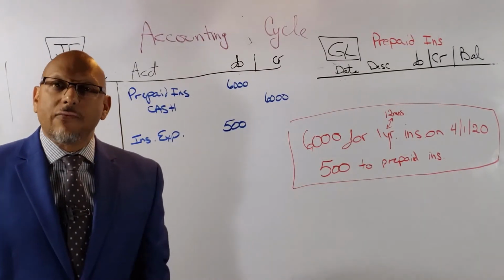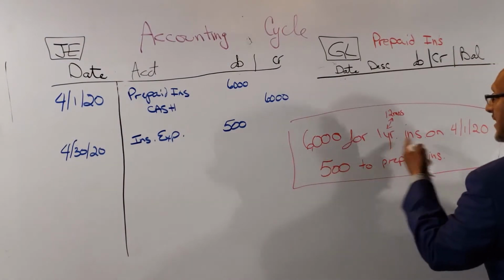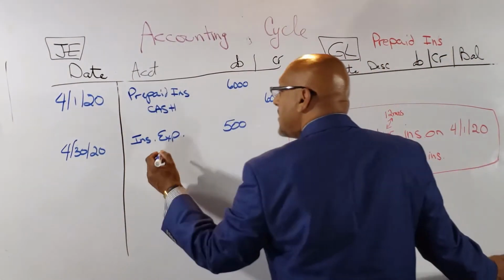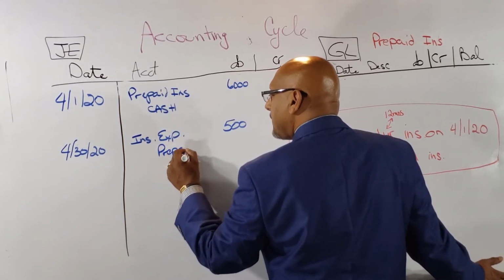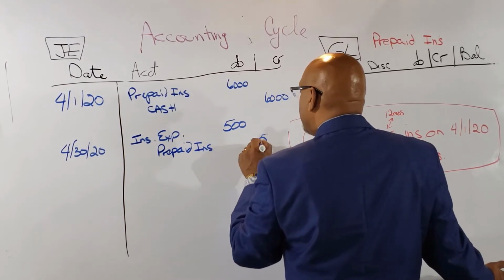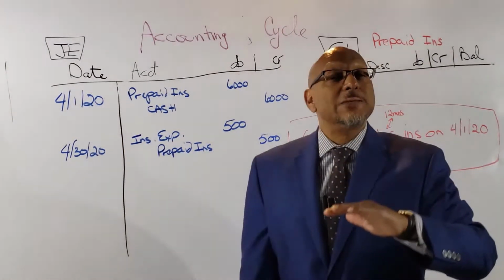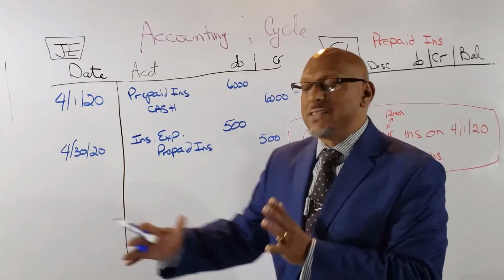So where is that $500 going to go? Well, remember that we've prepaid $6,000 in the prepaid insurance. So there's that $6,000. So we're going to credit the prepaid expense because prepaid expense is going down. We've used up 1 month, so there's only 11 months left inside there.